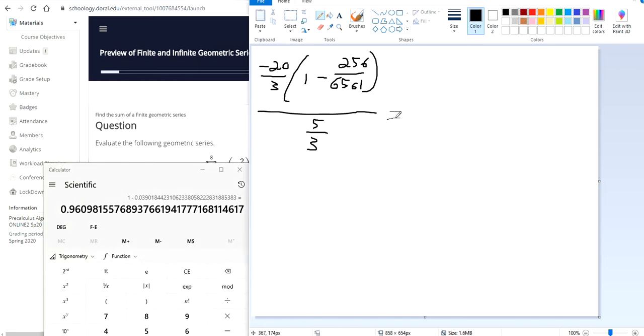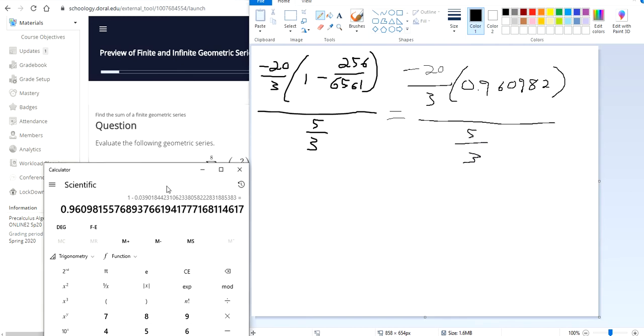So right now we've got -20 over 3 times 0.960982 if we round off. And then whatever that is, we divide by 5/3. Take this number, multiply by 20, divide by 3, and it was a negative.